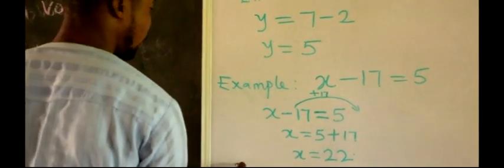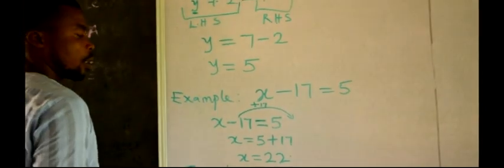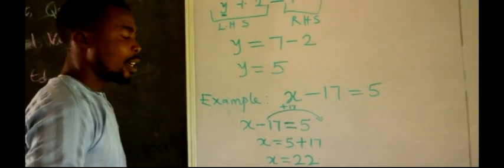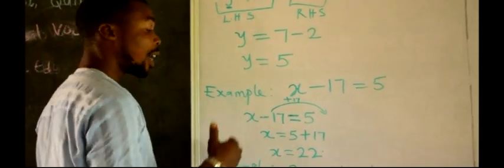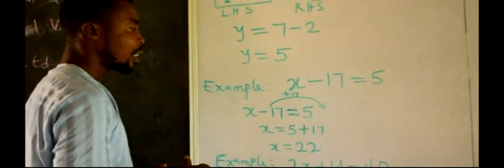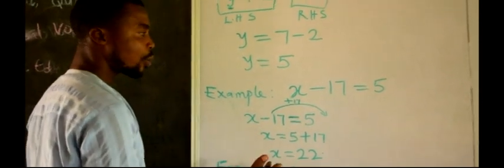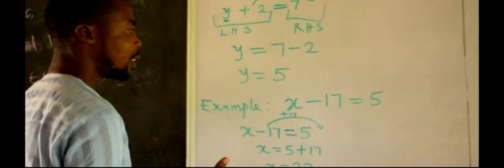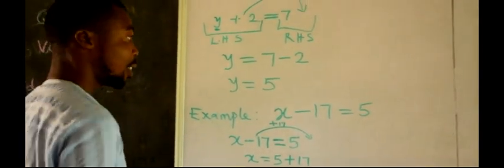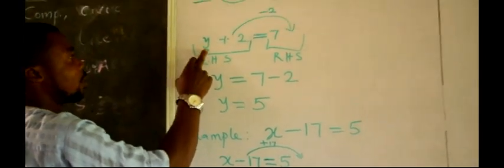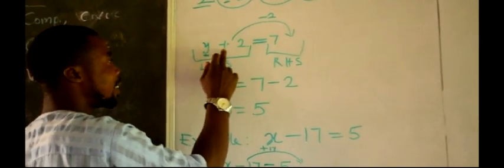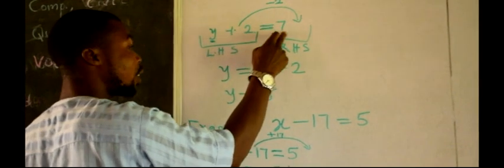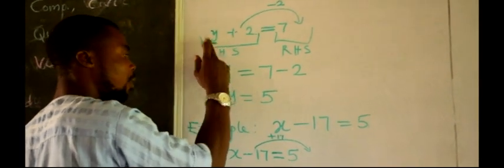Let's take a look at another example. Here we are advancing. It means you cannot just look at it and say your answer is this, unlike y plus 2 is equal to 7. That is, a number added to 2 gives you 7, which is 5.